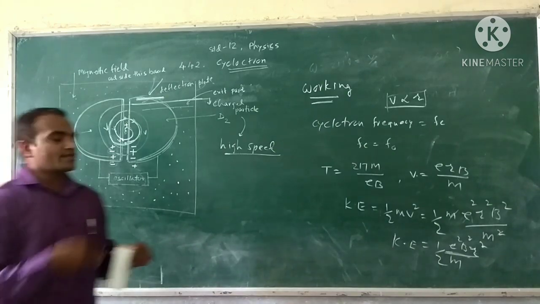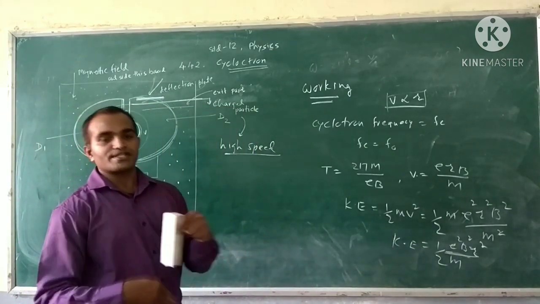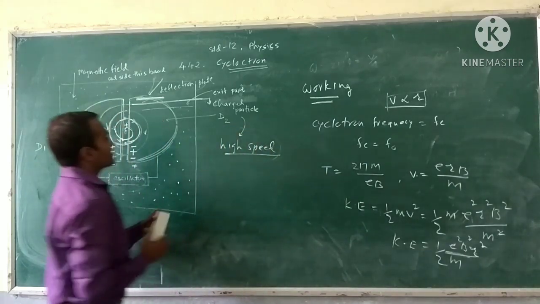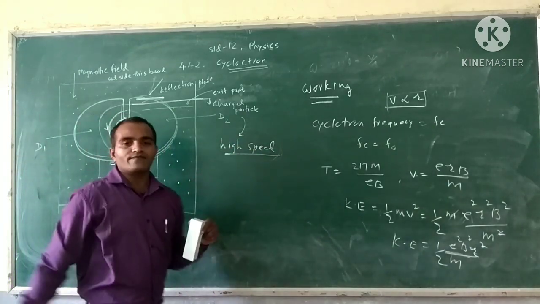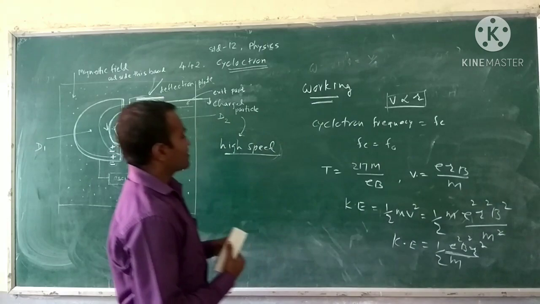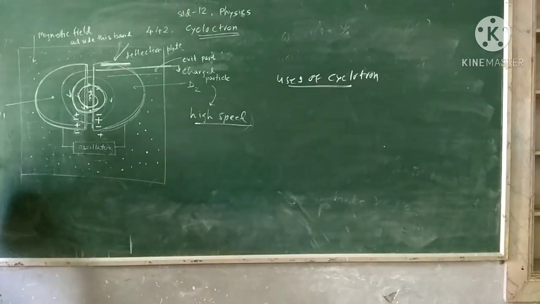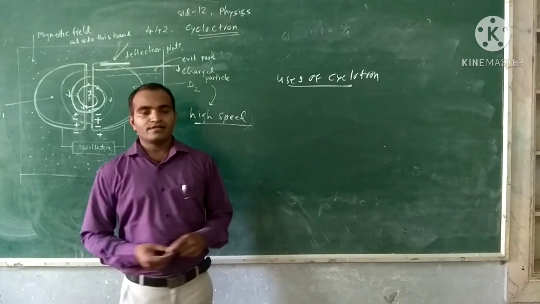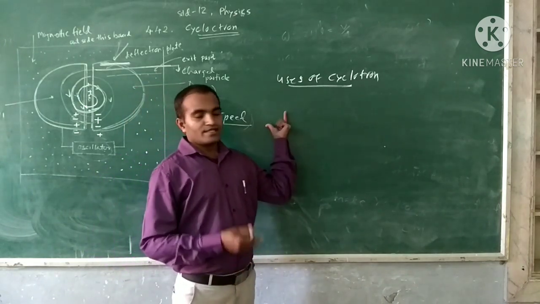During each half cycle, the speed of the charged particle is increasing. So friends, we have accelerated this charge to very high speed in the cyclotron.